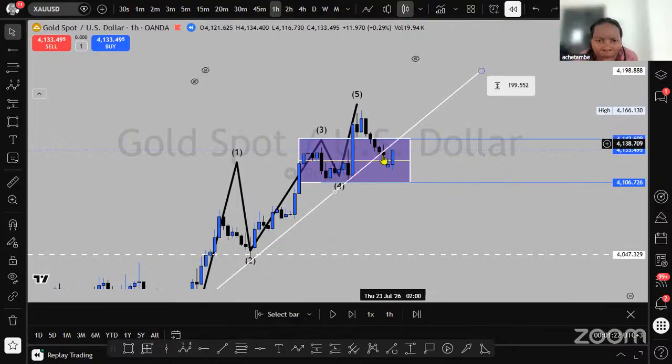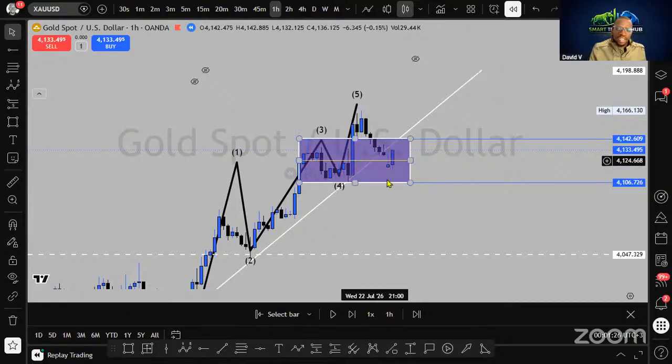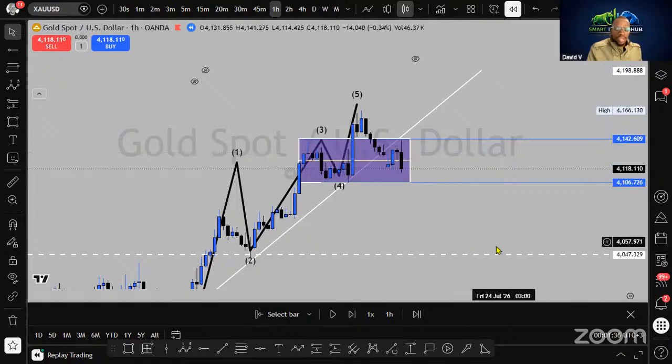True? So after the break of the trend line, you normally wait for the pullback. Because we were still expecting this thing to go up, you can actually see what happened. If this thing pulled back and failed to break, it now forms what?